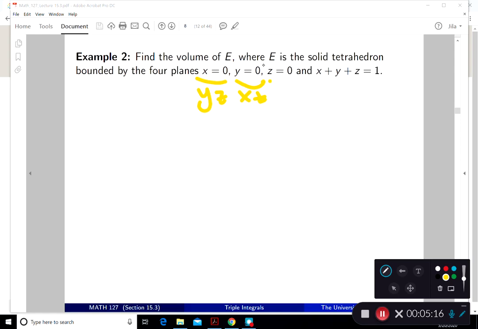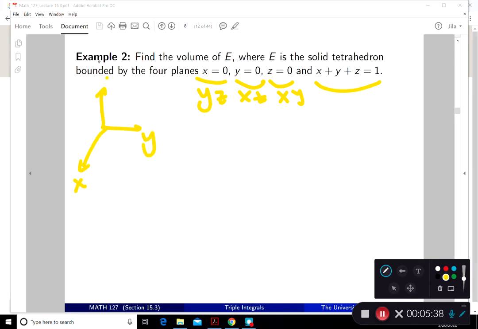And then we have z equal to 0, which is the XY plane. And then we have this plane that is not any of those. It's just a plane, and it seems that it is intercepting all the axes. So again, I just said intercepting all the other axes.